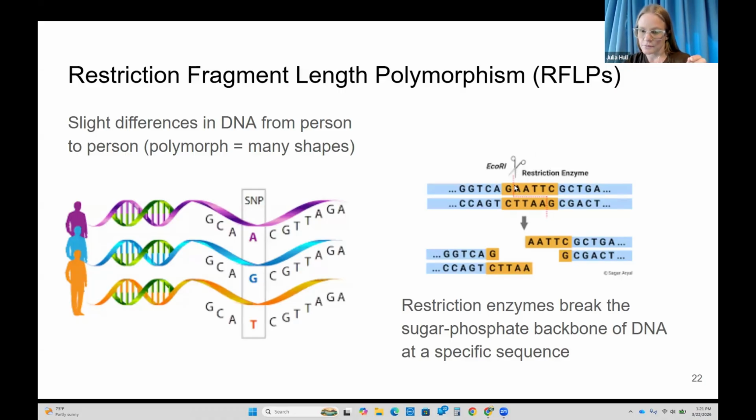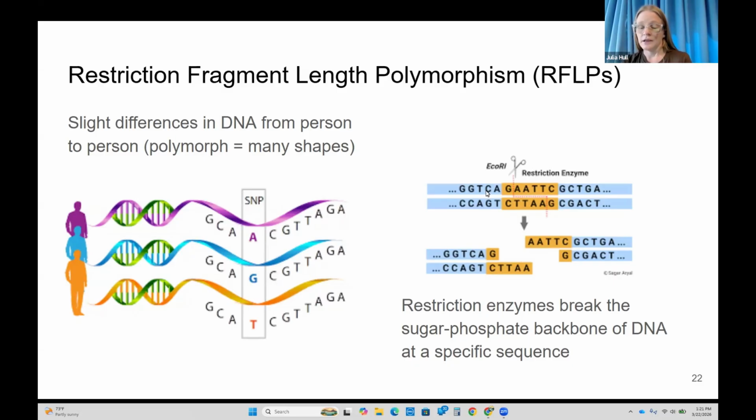When they get to a specific sequence, in this case GAATCC, these scissors cut the sugar phosphate backbone at that particular sequence and give us two fragments of varying sizes.